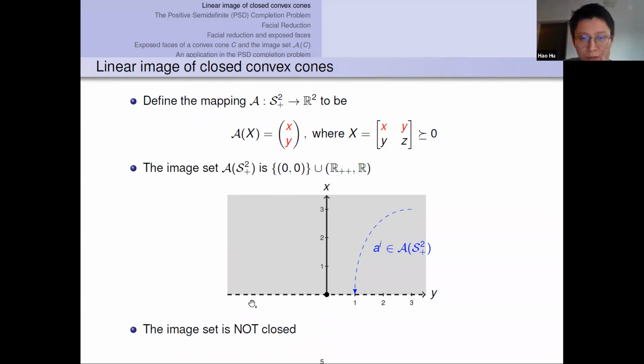In the picture, it looks as follows. It's everything here, except this line, but it still contains this zero here. Now this set is clearly not closed.